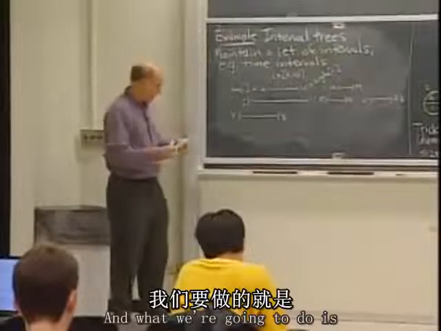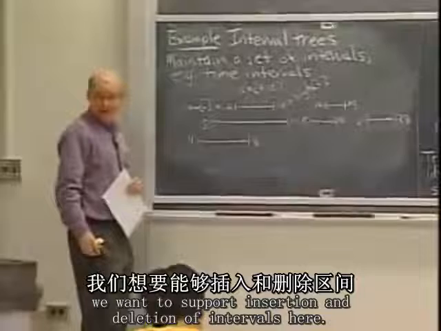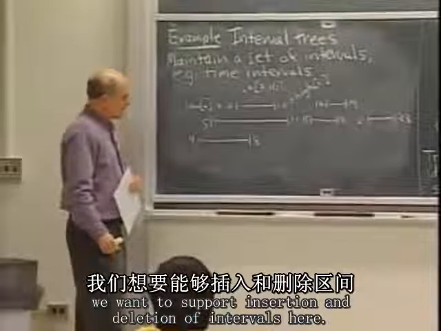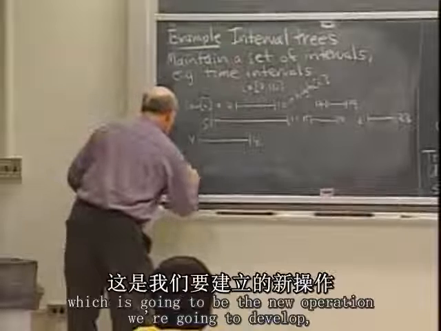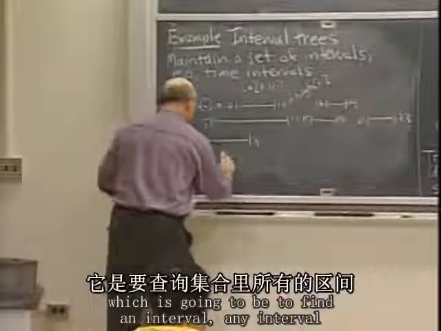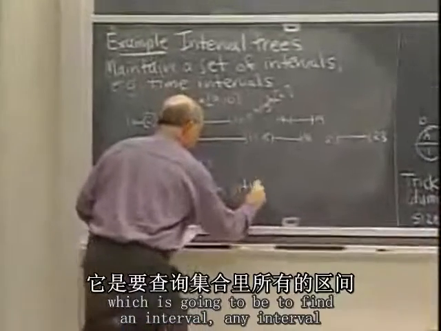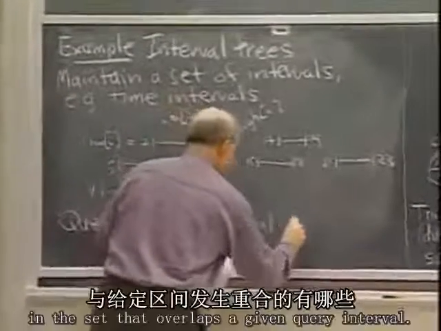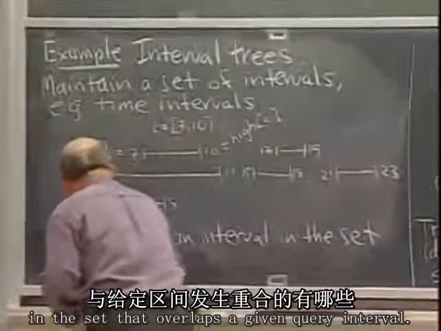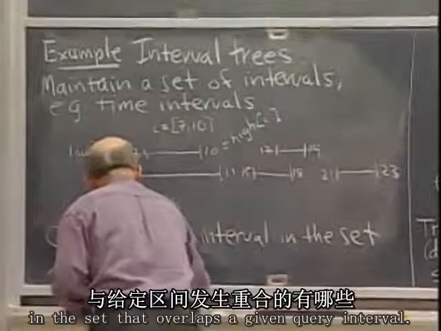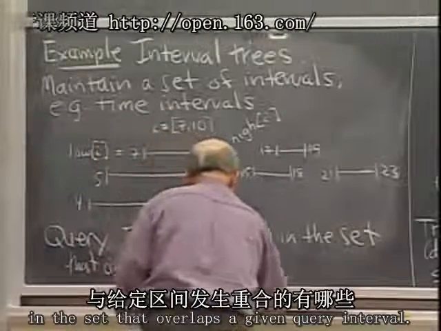Okay, and what we're going to do is we want to support insertion and deletion of intervals here, and we're going to have a query, which is going to be the new operation we're going to develop, which is to find an interval, any interval, in the set that overlaps a given query interval.